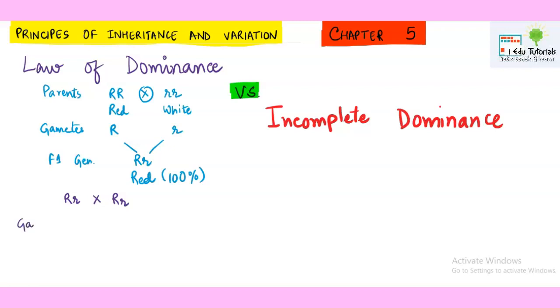So again gametes will be formed and you will get two types of gametes, capital R and small r, here also capital R and small r. Remember, whenever gamete formation has to happen, which law will be applied? Law of segregation.